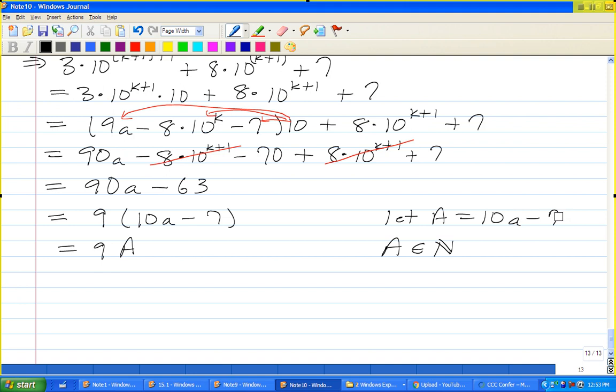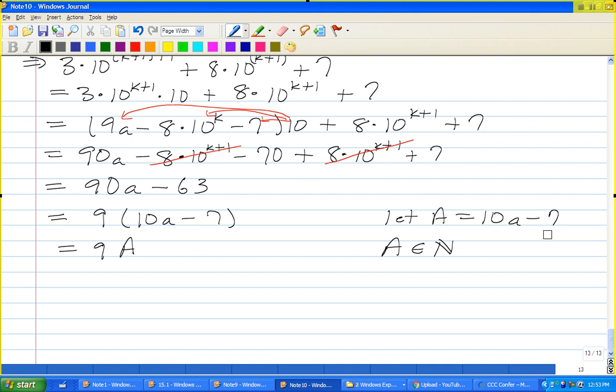If I subtract 7 from it, well, notice that 7 is smaller than 10. And so by the closure property for addition of integers, 10a minus 7 is an integer, but since 10 is greater than 7, then it'll actually be a positive integer, a natural number. And so a is a natural number.